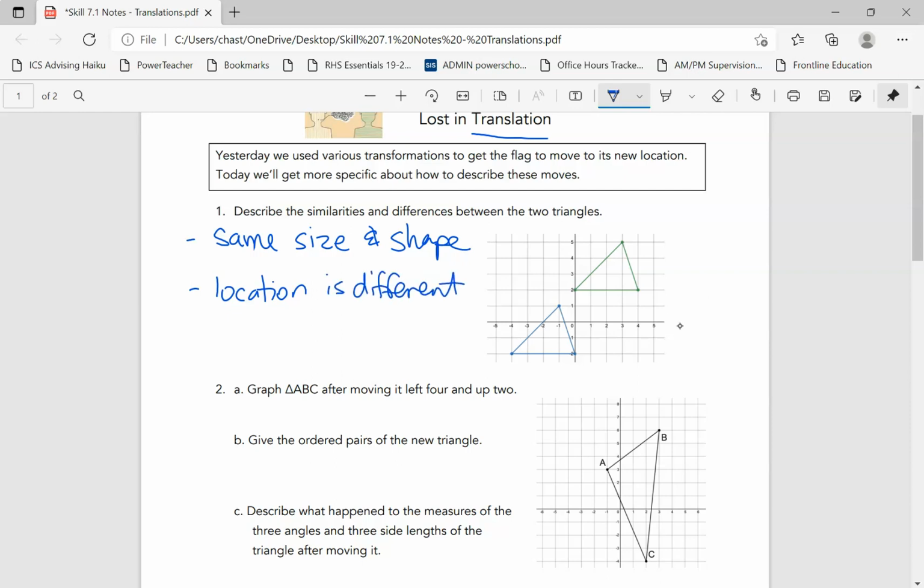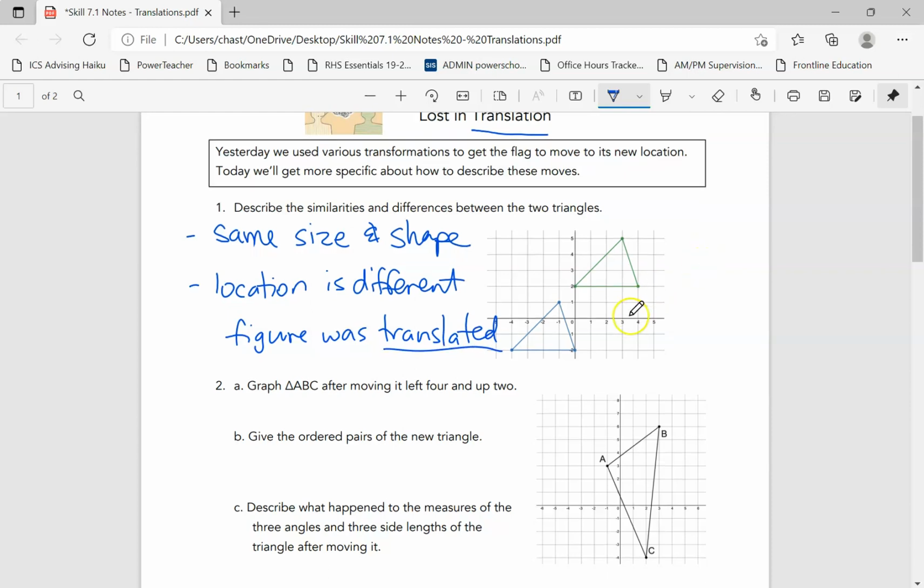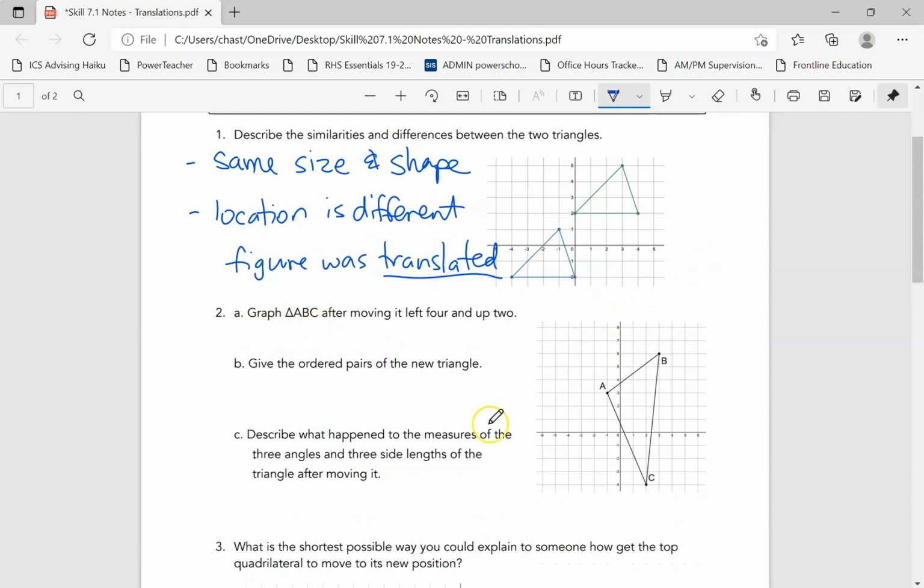And when this happens, we say that the figure was translated. Okay. So, important word here.